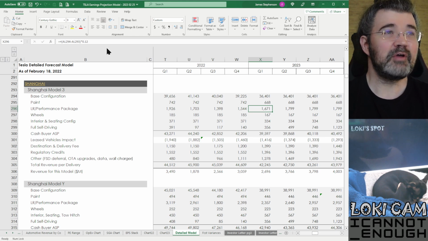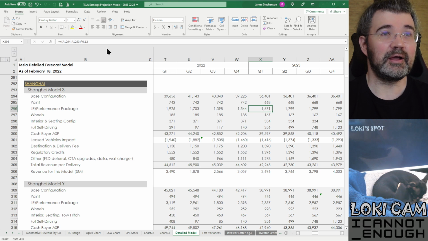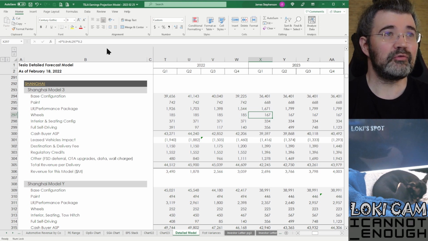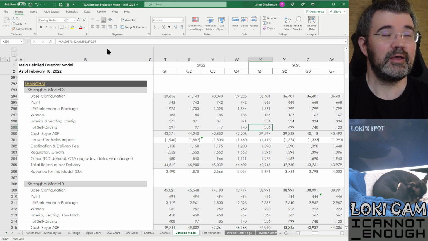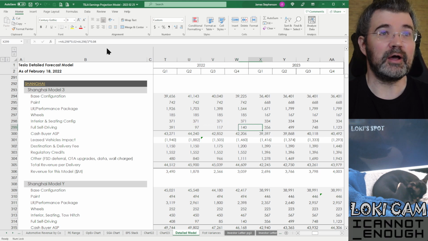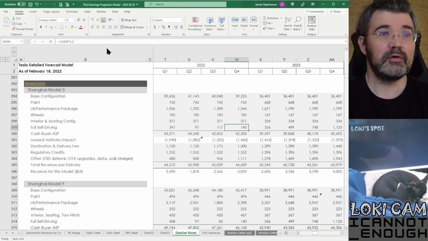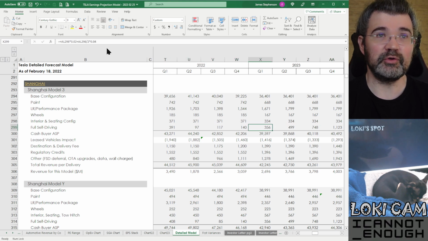Performance package, very low indeed, a $1,600 contribution there. 167 for wheels, 334 for interior and seating configs, and then very low take rates on full self-driving in China. So I've got those starting real low and growing as time goes by from where we saw them in 2022.